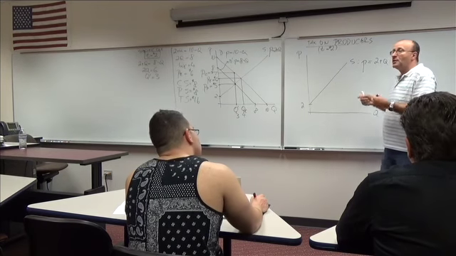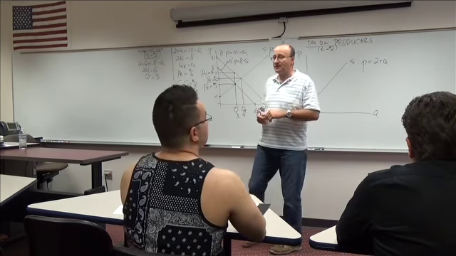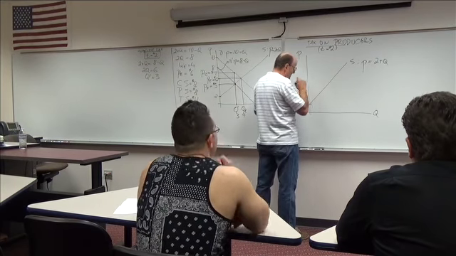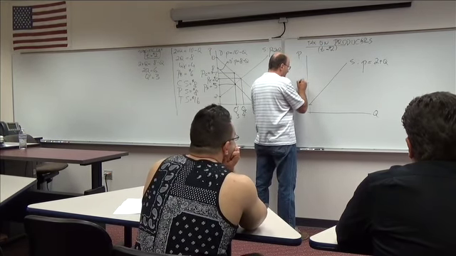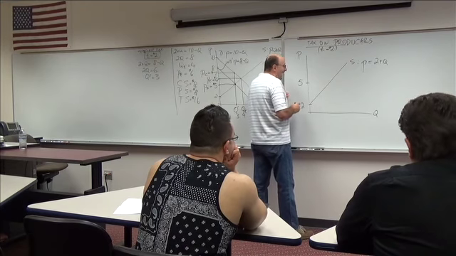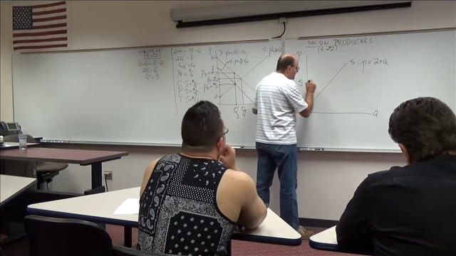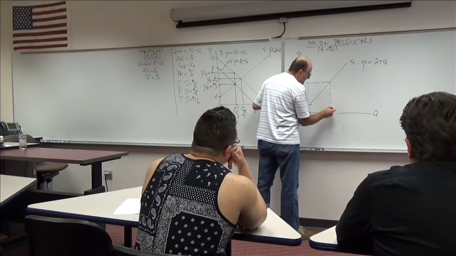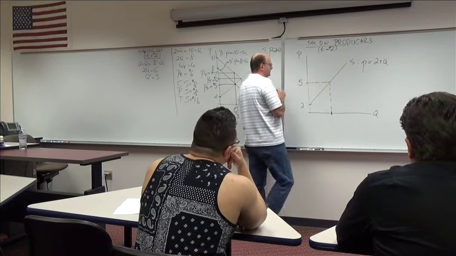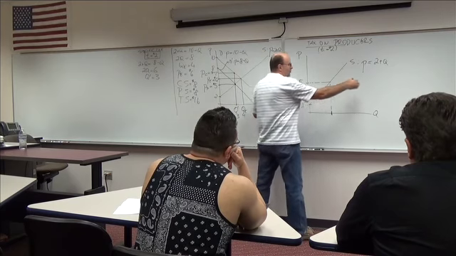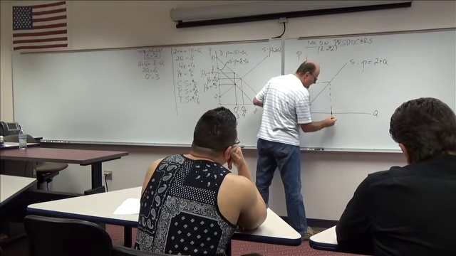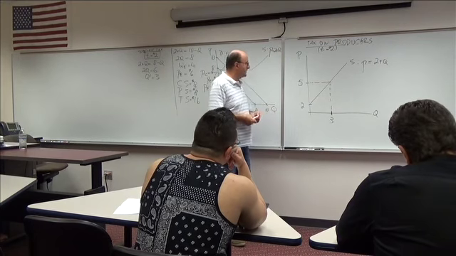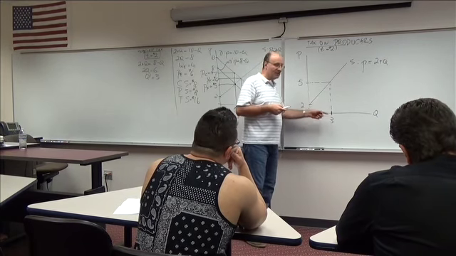Let's see what the impact on the producer is. Let's start with the following question. Suppose the price is 5. How much good are the producers willing and able to produce at price 5? 3. Just plug in 5 and get 3. So at price 5, producers are willing and able to produce 3 units.